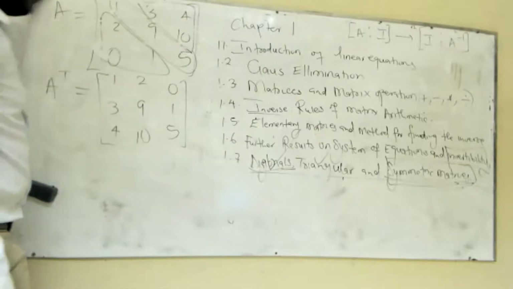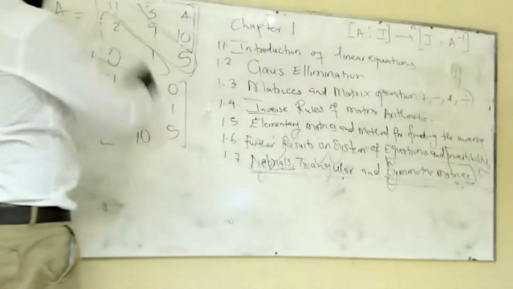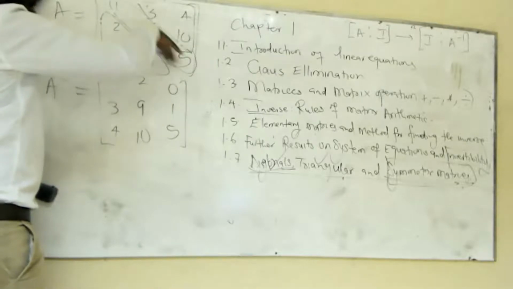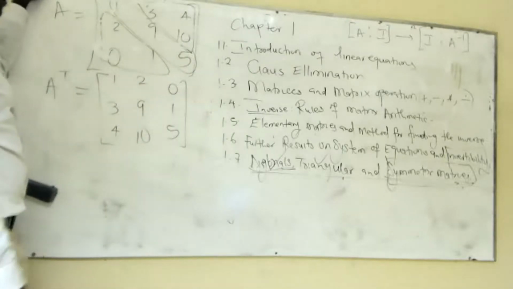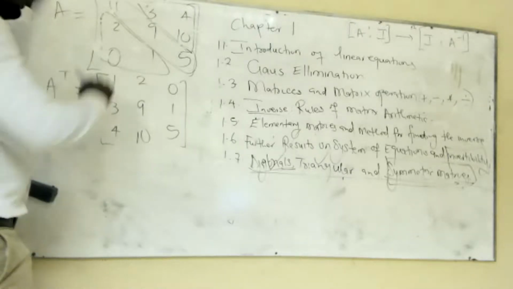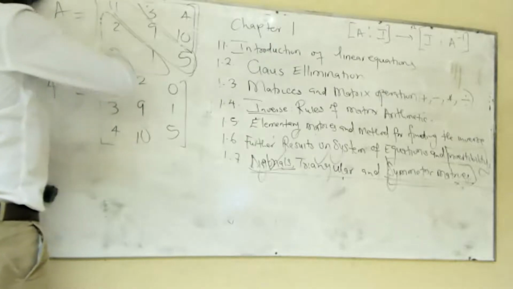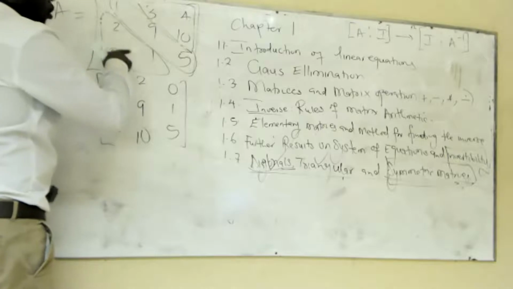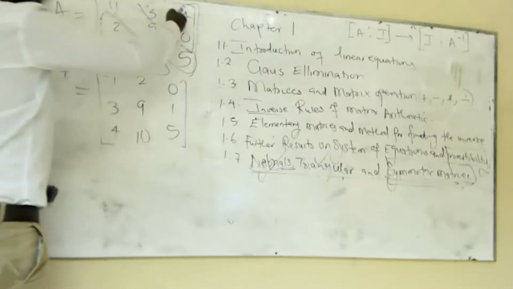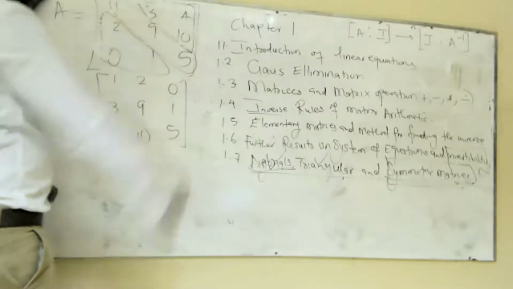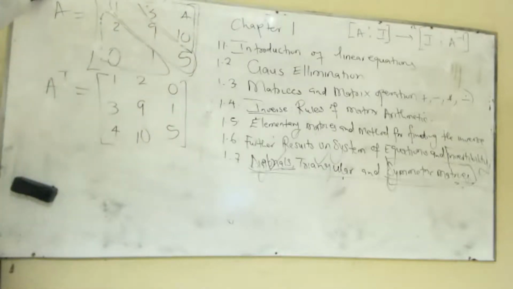And then the triangular we are referring to when you are getting the zeros below the diagonal or the zeros above the diagonal. So if you get 0 here, 0 here, and 0 there, you have the triangular. Or if you don't want the zeros below the diagonal, you can get the zeros above the diagonal. The 0 there, 0 here, and 0 there. So that will give you the triangular.